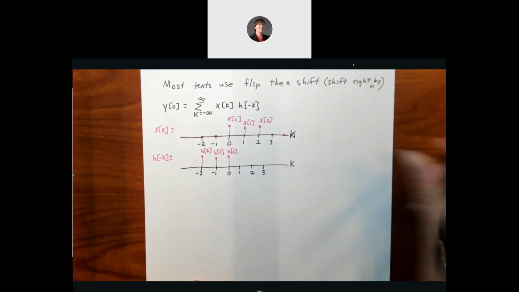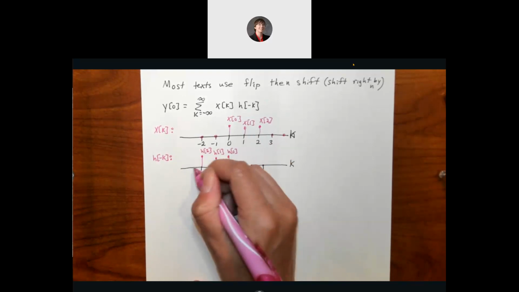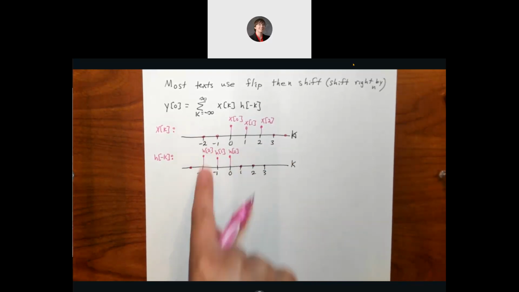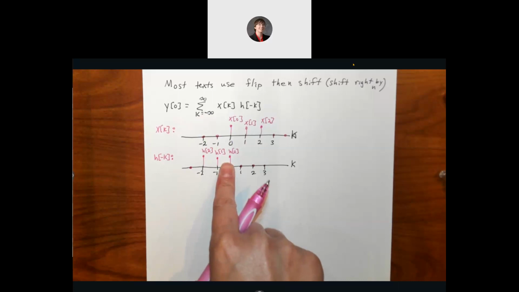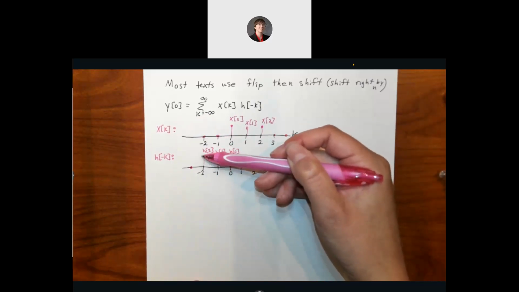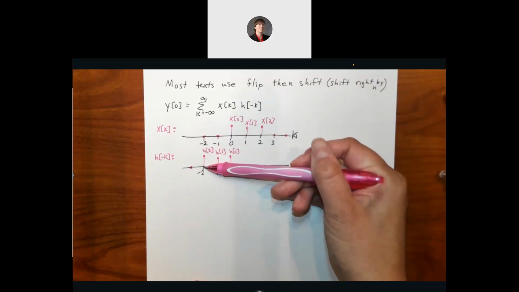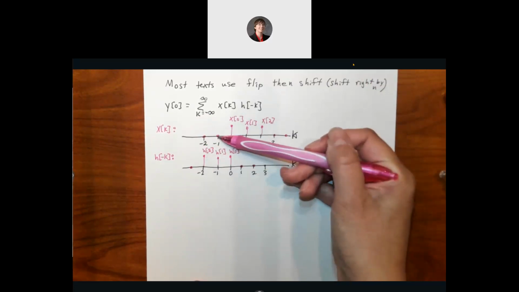And then what you would do is take each point k, multiply these two and then add it to the next. So you'd have k equals -2.